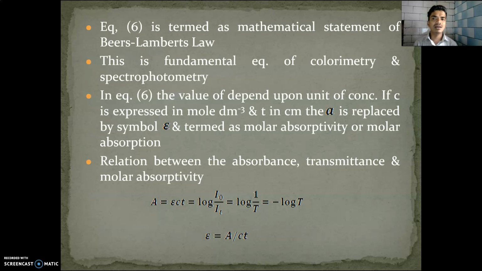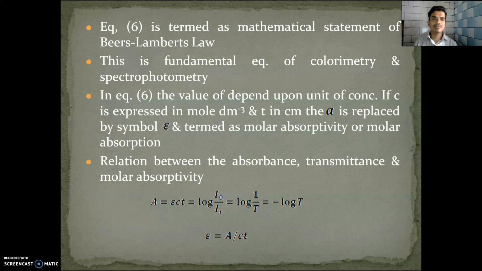If C is expressed in mole per dm^3 and t in centimeters, a is replaced by the symbol epsilon and termed the molecular absorptivity or molecular absorption coefficient.